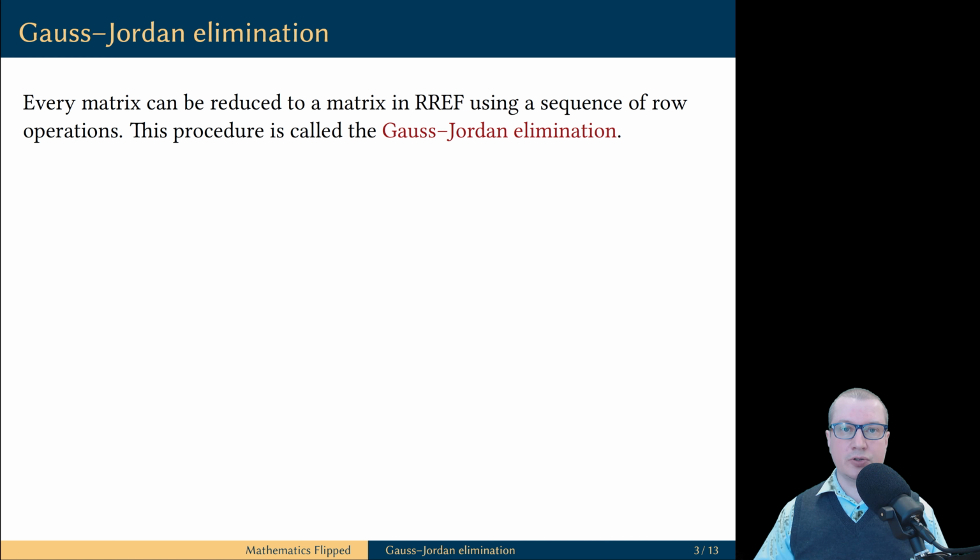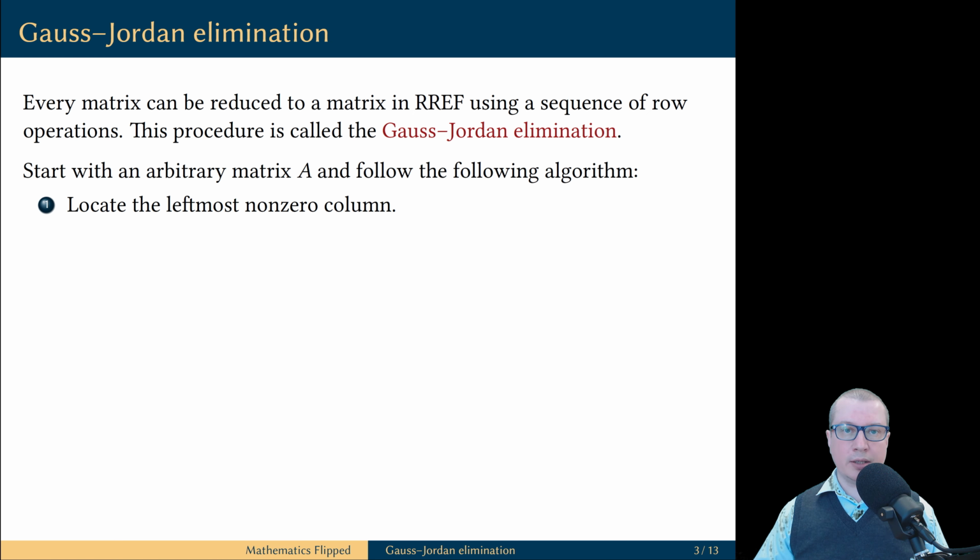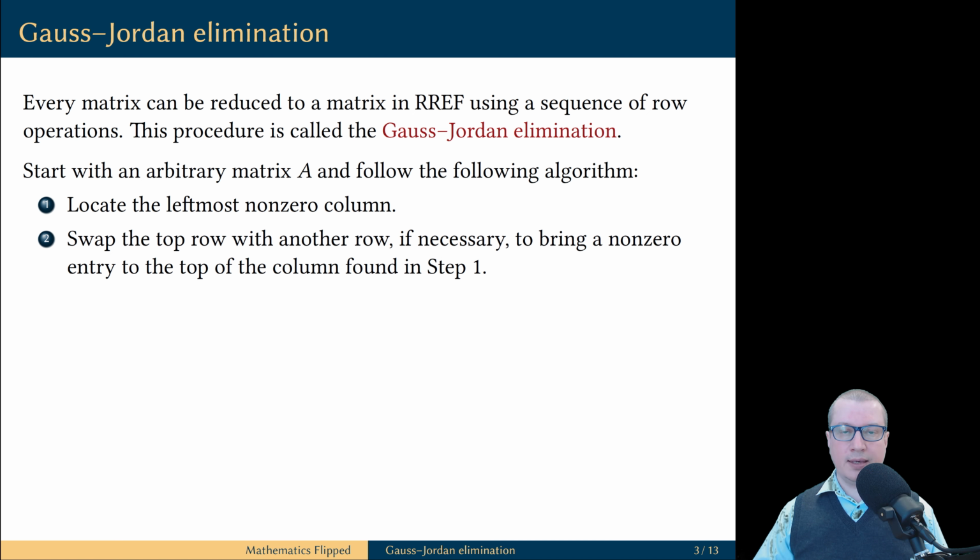This algorithm is called the Gauss-Jordan elimination. Step number 1 is to locate the leftmost non-zero column. The second step is to swap the top row with another row if necessary to bring a non-zero entry to the top of this column. Step 3 is to scale the top row to produce a leading one in place of a non-zero entry.